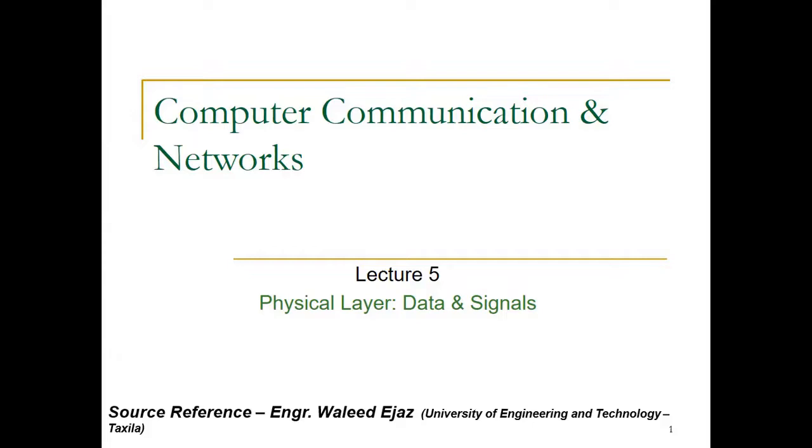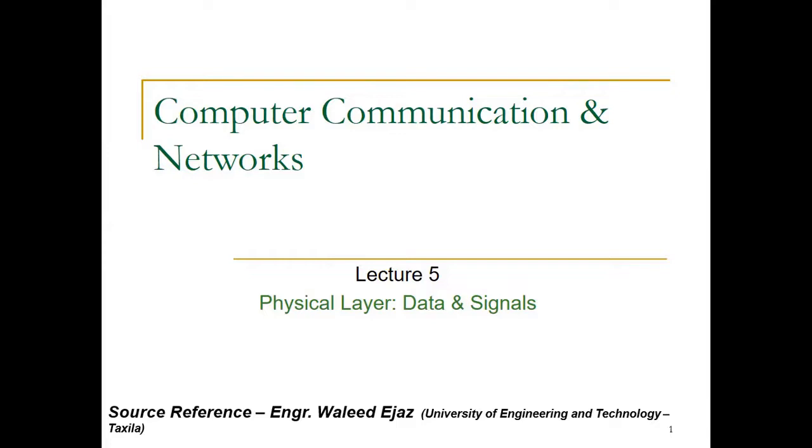And so moving on from that, we want to cover some of the more significant attributes that relate to the physical layer, especially when it comes to signal and data, or data and signaling.